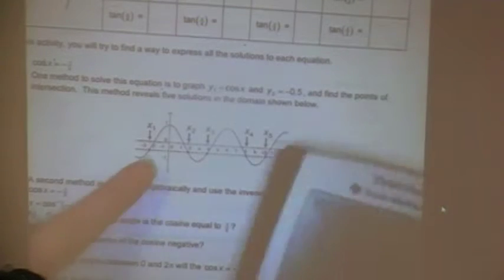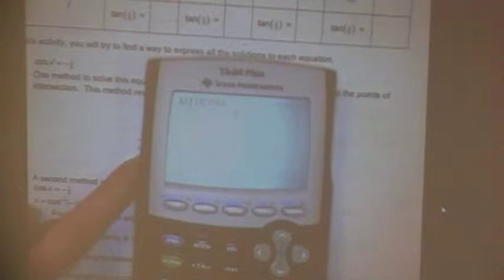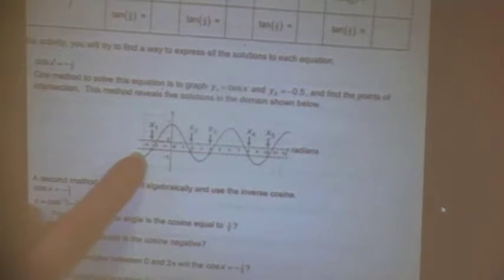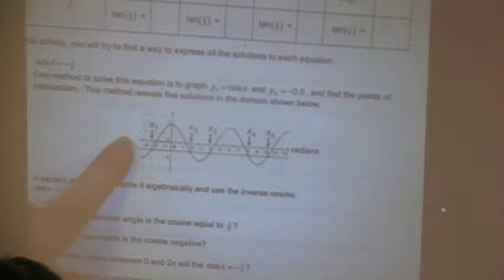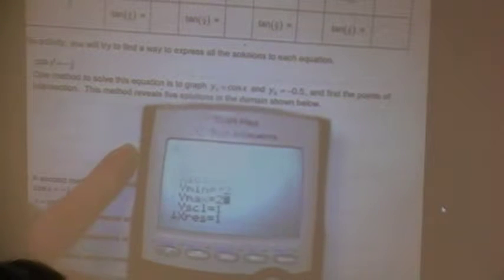Okay, so I'm just resetting my window to count like theirs is counting. It looks to me like it's counting by regular, there's no pi's involved here, it's all numeric radians. So I just went from -4 to 12, counting by ones on my x-axis.